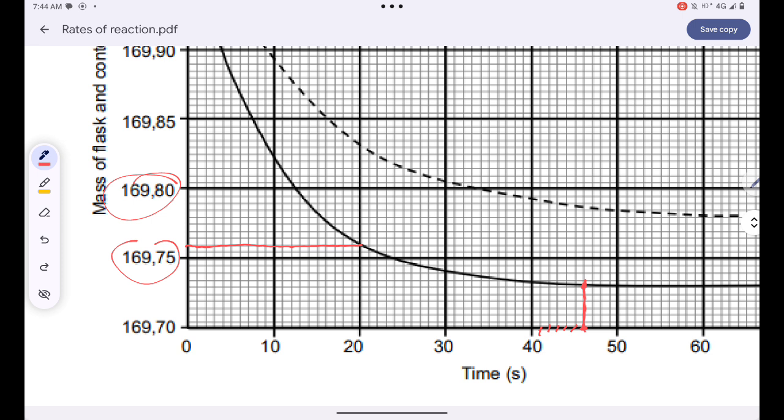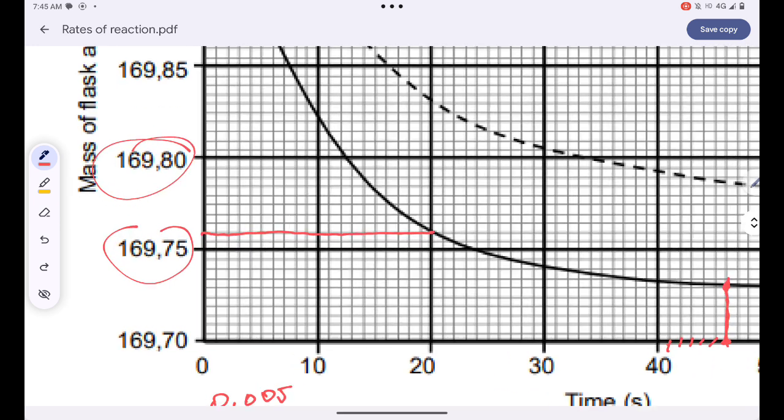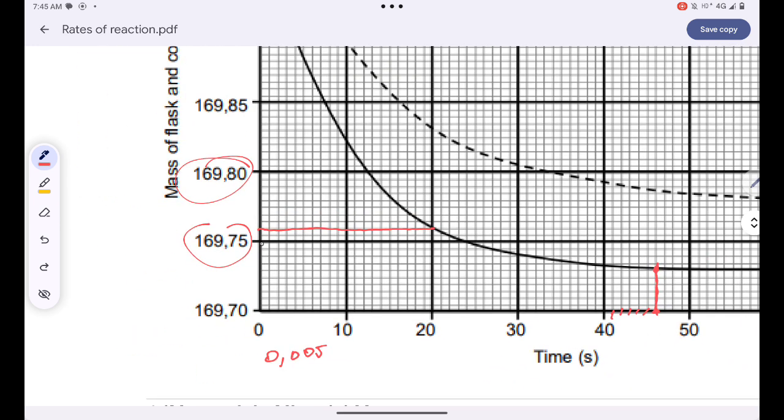I'll simply say 169.80 minus 169.75, divided by 10. This will give me 5 times 10 to the power of minus 3, or just 0.005. It simply means that all these 10 lines are just that far apart from one another.